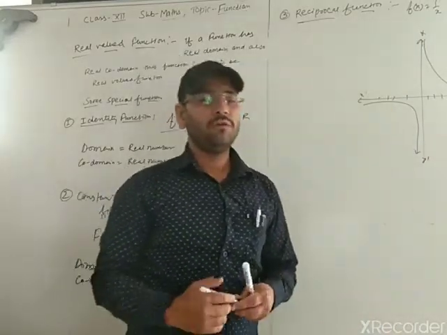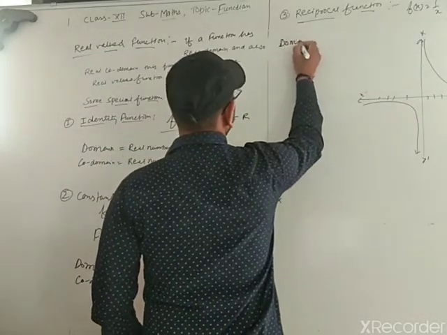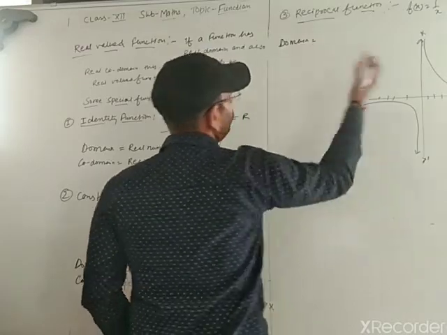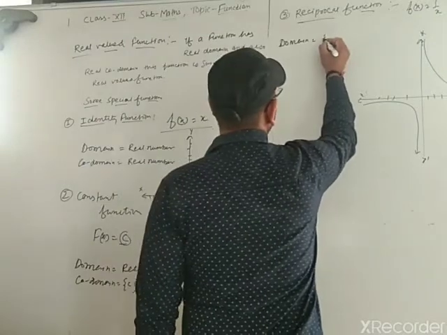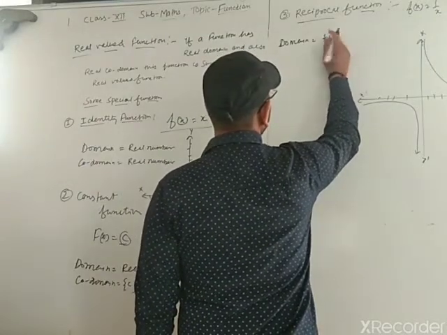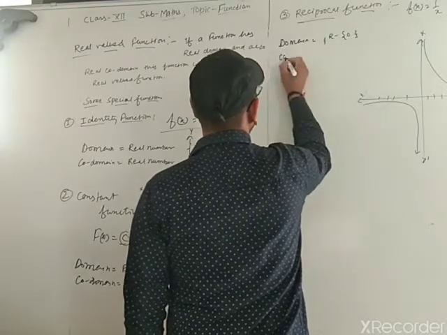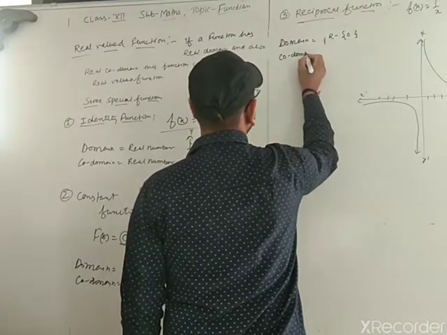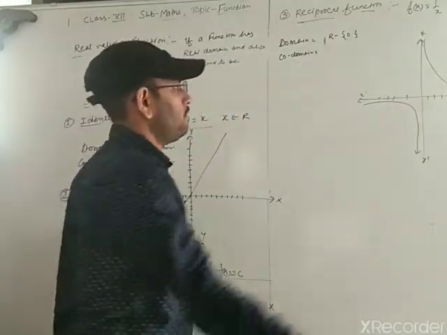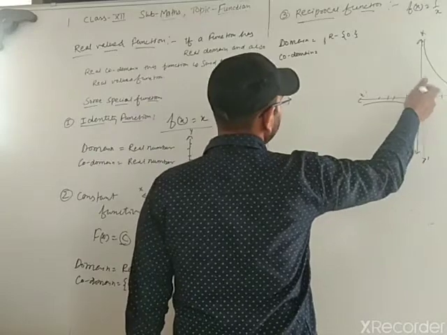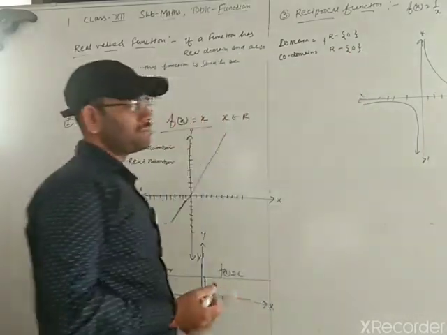Clear? Now the domain of this function: what value can we provide? All real numbers except 0. And the codomain: again we get all real numbers, but we don't get 0. So all real numbers except 0.